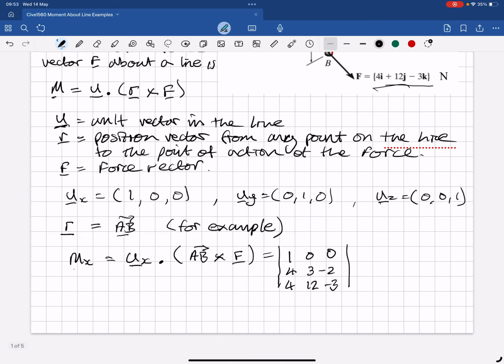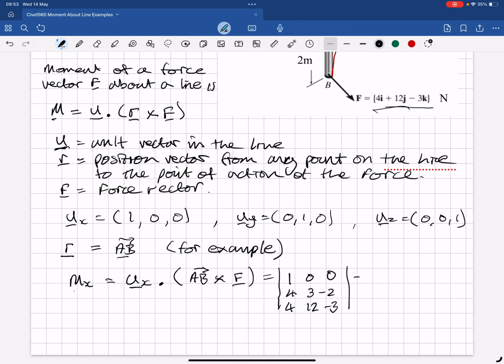Okay, so we expand that. That'll be equal to 1 times the determinant of 3, minus 2, 12, minus 3, which equals minus 9 minus 24, which equals 15, and we can write Newton meters as the dimensions of meters of the force in newtons.